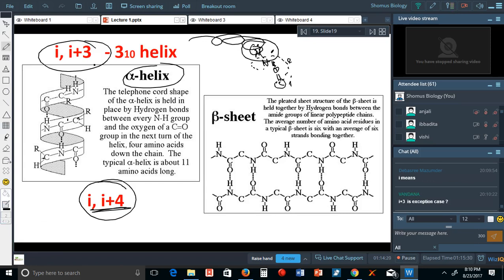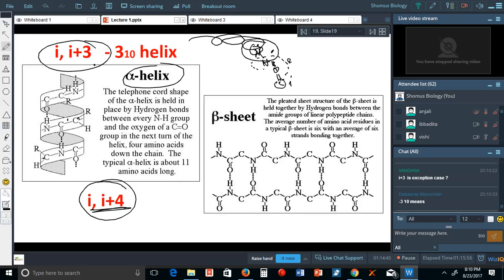The i plus 3 is not an exceptional case, but it's rare and not that common. I plus 4 is the most common type, known as the basic alpha helix. Whenever we talk about alpha helix, we mean i plus 4. But sometimes we also have the same helical structures with i plus 3 instead of i plus 4.